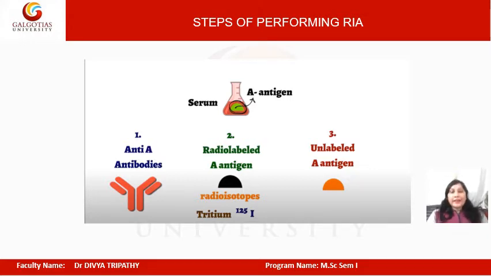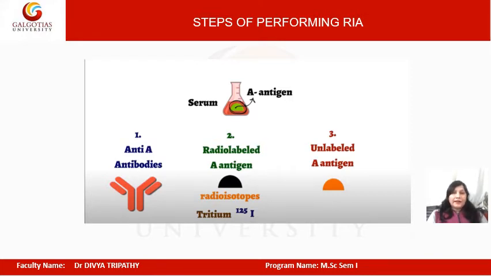The second requirement is radio-labeled A antigen. If we have to find out the concentration of A antigen, we need two types of A antigen. The first one is radio-labeled A antigen, the antigen that is labeled with an isotopic element. For this purpose we generally use an isotope of hydrogen, that is tritium, or iodine 125.